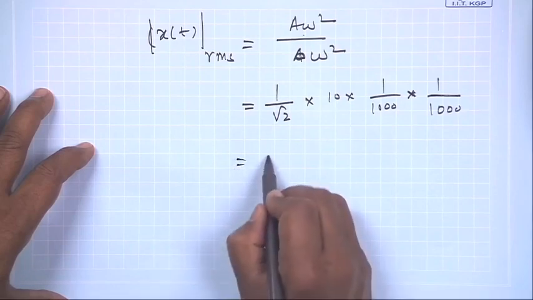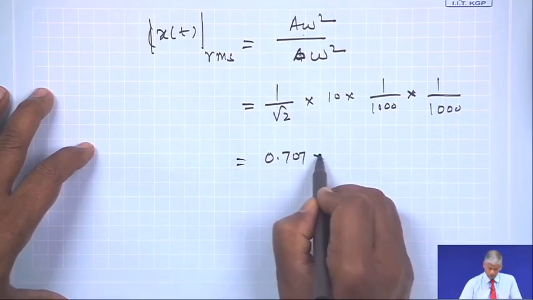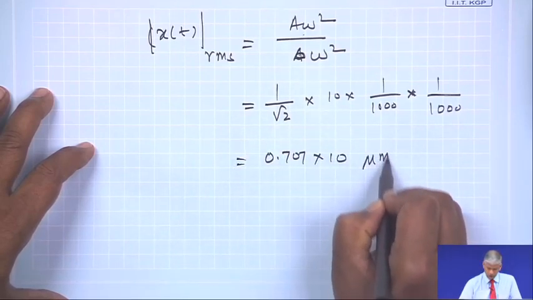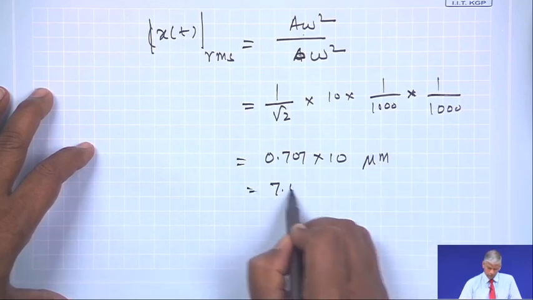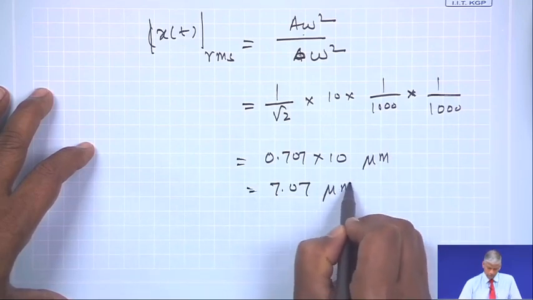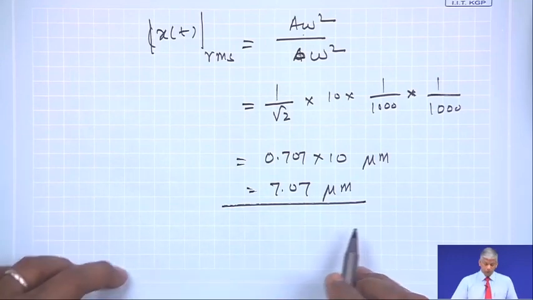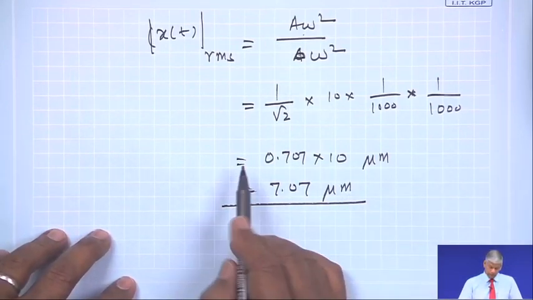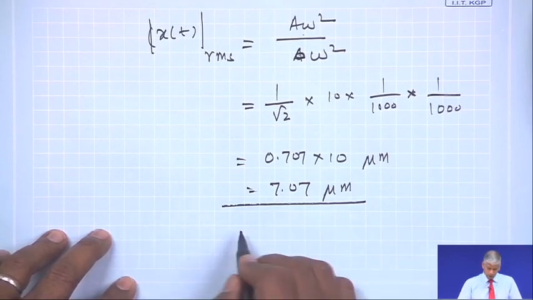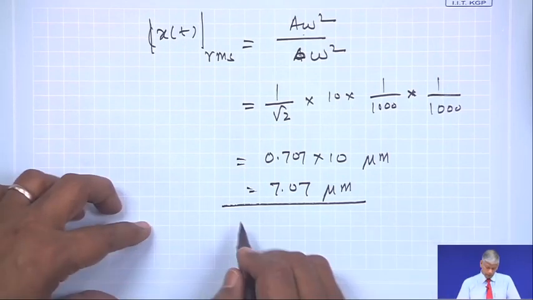So, this becomes 0.707 times 10 microns or 7.07 microns. Okay. So, from this we see that by knowing one we can get the other.